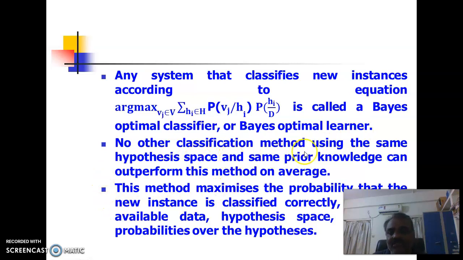No other classification method using the same hypothesis space and the same prior knowledge, that is prior probabilities, can outperform this method on average. This method maximizes the probability that the new instance is classified correctly given the available data, hypothesis space, and a priori probabilities over the hypothesis.